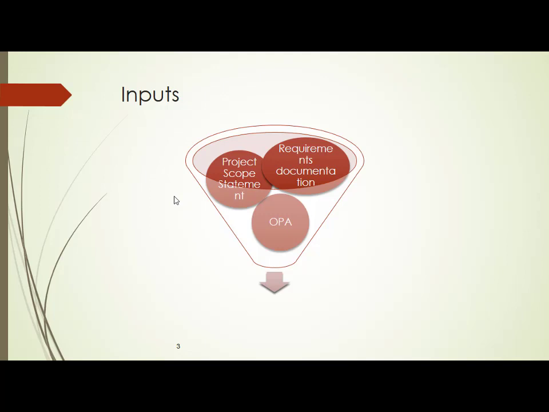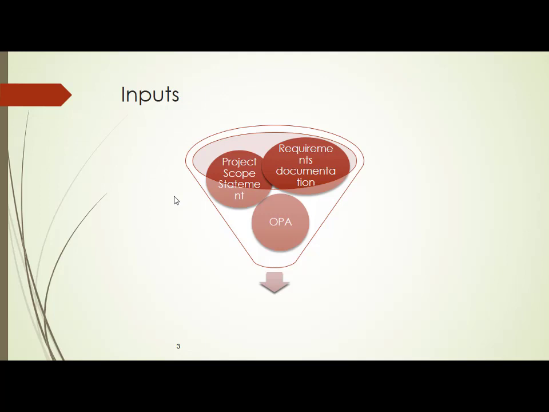The project scope statement was an output of the define scope process, and requirements documentation. This also is ready with you because you have done the process called collect requirements. Now, you have the project scope statement in one hand and the requirements document in the other, and you have an OPA. OPA stands for organizational process asset. It is nothing but a template, that's all.